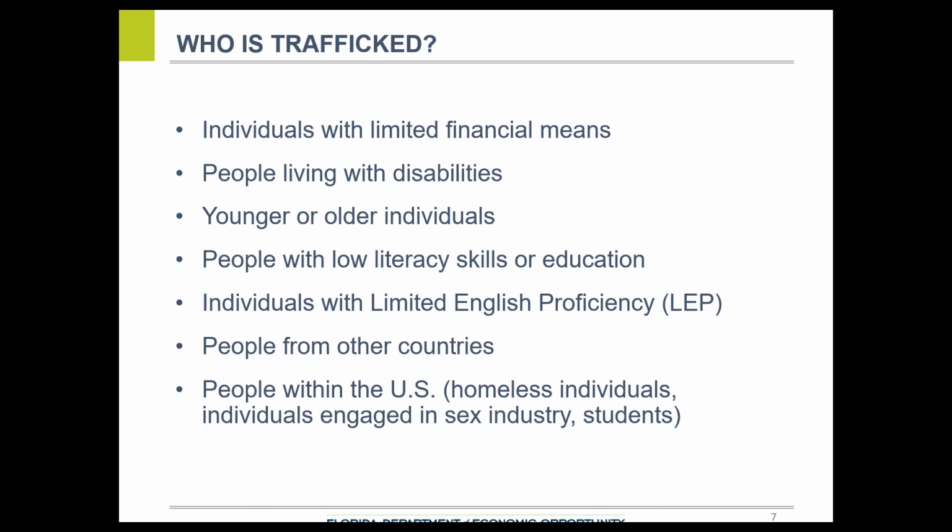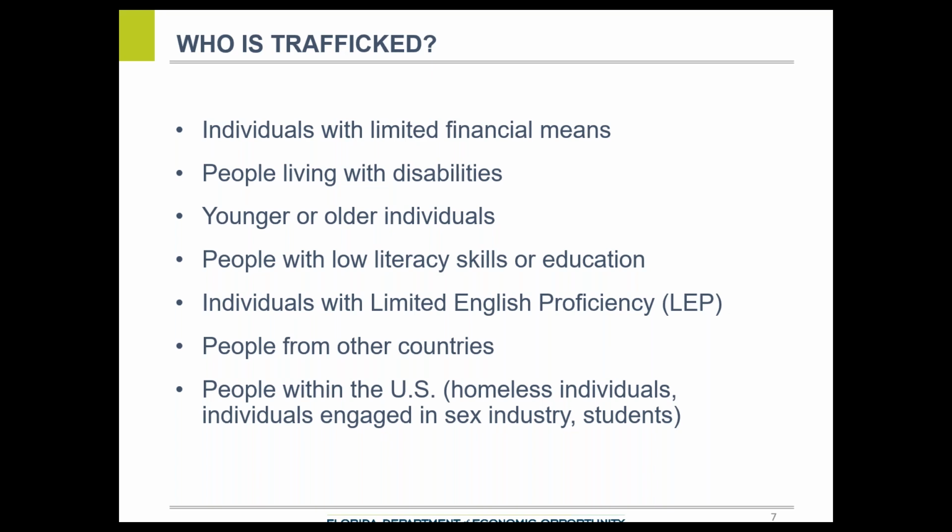LEP individuals may not disclose the situation due to language and/or cultural barriers. Individuals in certain cultures have the belief that what happens here remains here. Because many trafficking victims from other countries may be here illegally, they fear U.S. authorities. Traffickers then exploit this fear.